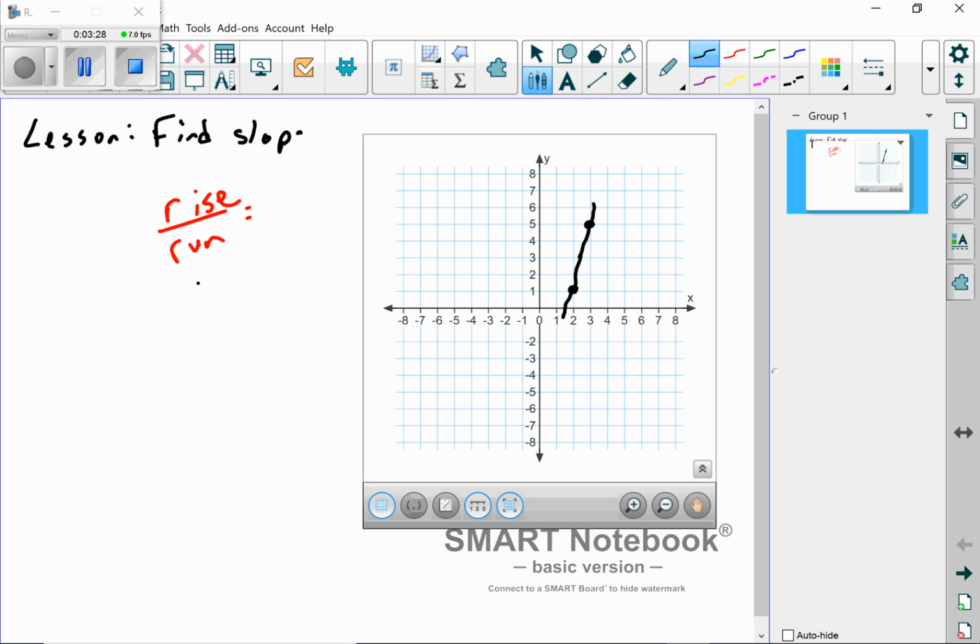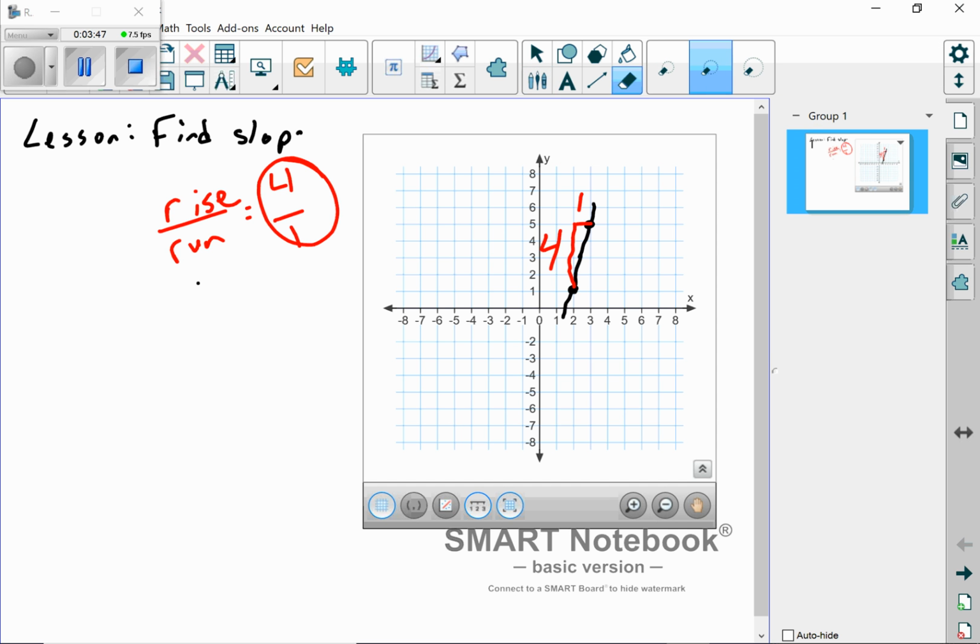I always like to count the lowest point to the highest point. So we're counting rise, run. So for me, rise is going to be up 4 blocks and over 1. So it's 4 over 1, and I'm good. You can leave it as 4 over 1. I'm going to do several more of these so you can watch me count blocks.